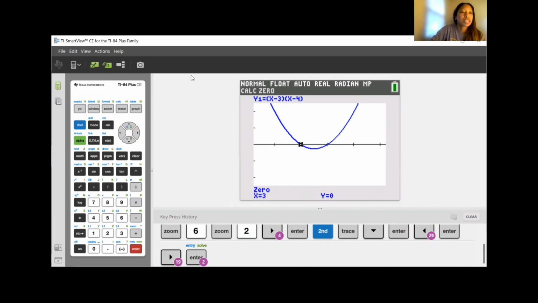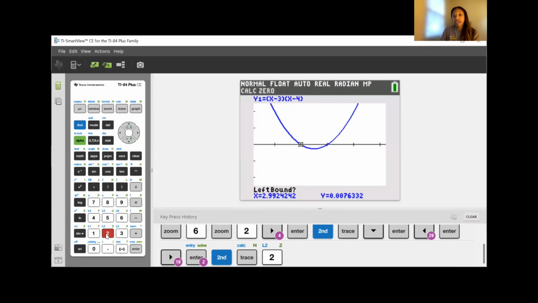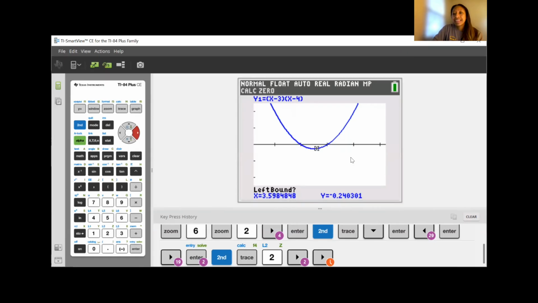So to repeat this process, second trace, press the number 2, we're finding the zeros. And again, now we want this 0. So we need to pick a point to the left of this 0 and to the right of it. Start off with something to the left. This is to the left of this 0, okay?